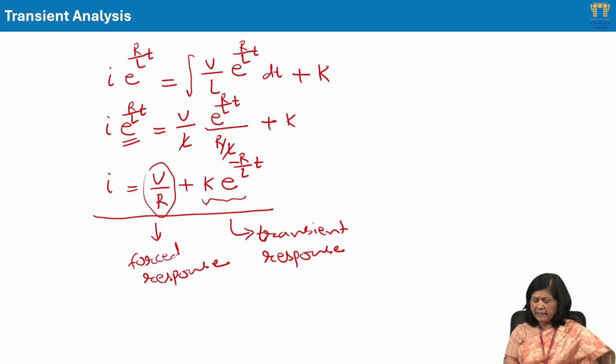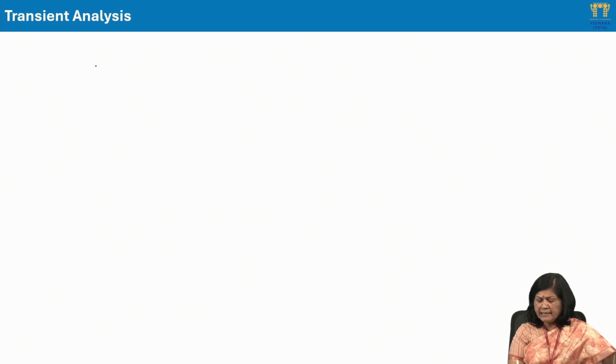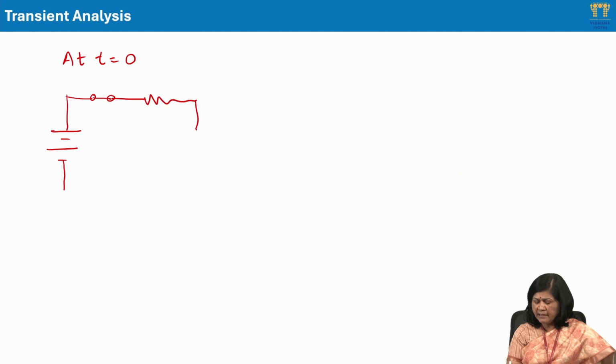Now let us try to find out the value of this constant k. For that, we'll analyze the circuit at t equal to 0 when the switch is closed. At t equal to 0, as we know, the inductor behaves like an open circuit. We have the resistance here and the inductor will give us an open circuit.